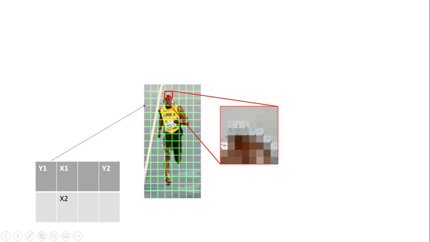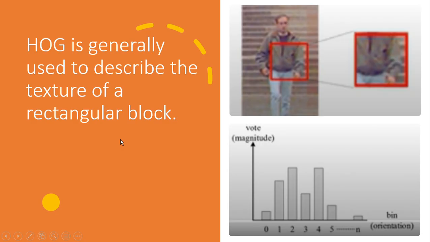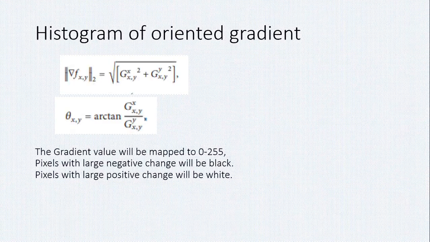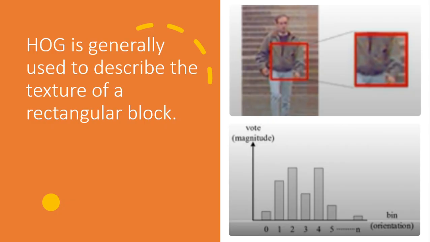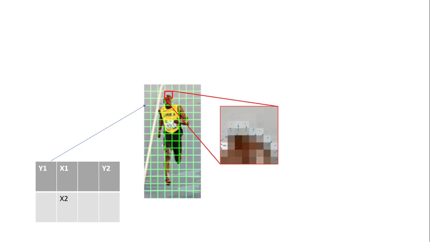When we zoom in, we can find the value of this, for example, by subtracting x1 minus x2, to the power 2, plus y1 minus y2 to the power 2, and overall under a square root. As we can see here, we can apply this equation to find the value of the gradient in that 8 by 8 block.